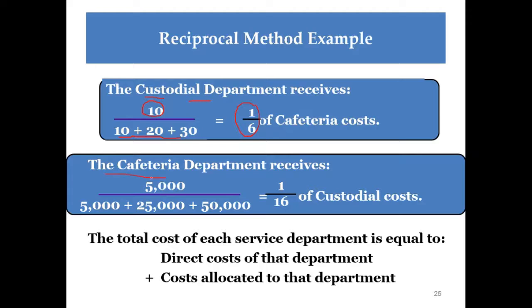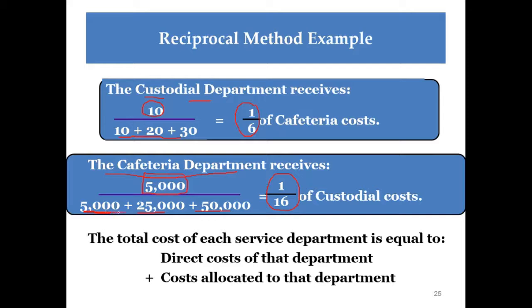And the cafeteria department will receive 1 by 16 of custodial department cost. How do we know that? The cafeteria department's area is 5,000 square feet, and the areas of the other departments are 25,000 and 50,000.